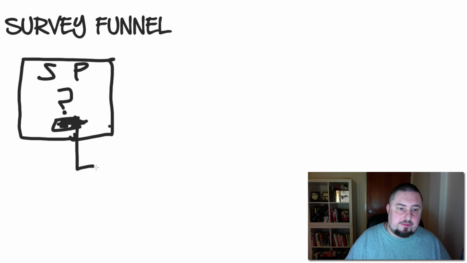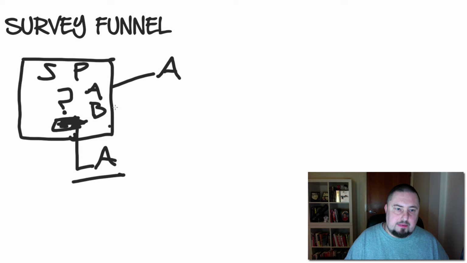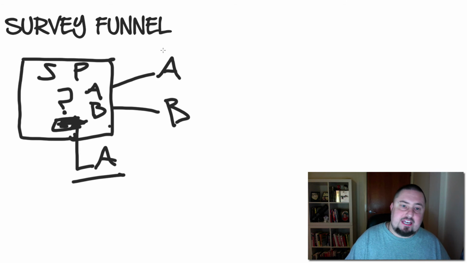When they do that, they're then sent into an automation sequence. But here's where it gets a little bit fancy. If they select A, then they are sent to a completely separate funnel devoted to A. If they select B, they're sent to a separate funnel for B. And these funnels can be any type of funnel you choose.